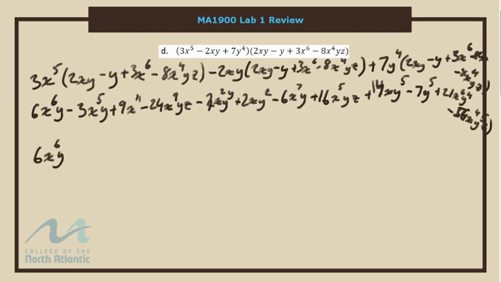Now we've got to start looking for our like terms in all of this big mess. So let's see what we got. x to the 5. What other x to the 5s do we have? We've got an x to the 5 here, x to the 5yz. It's just x to the 5y. Let's see if we've got any other ones that we can combine.